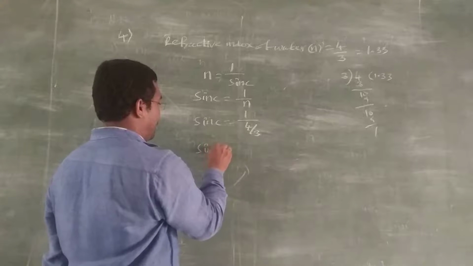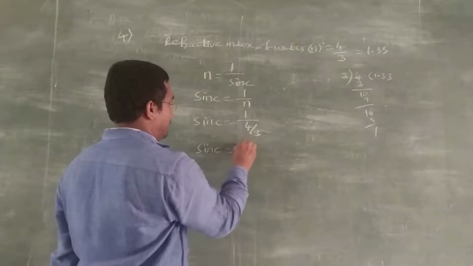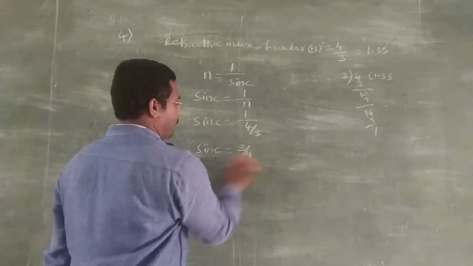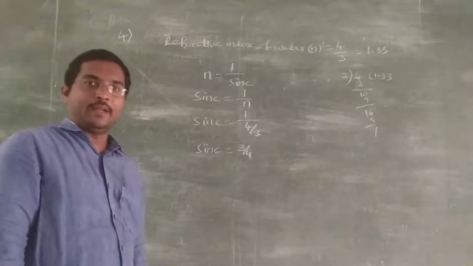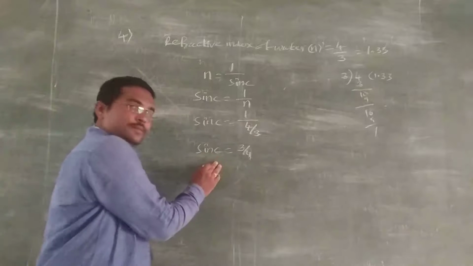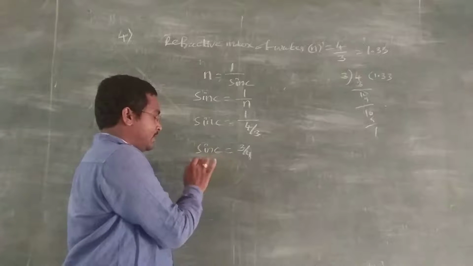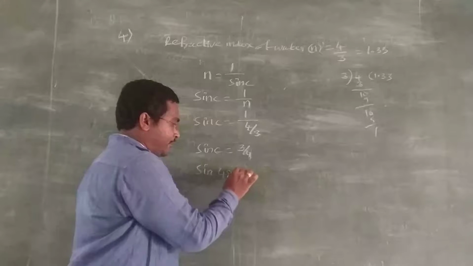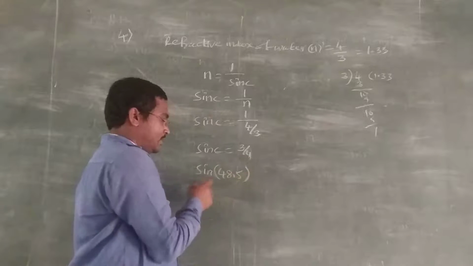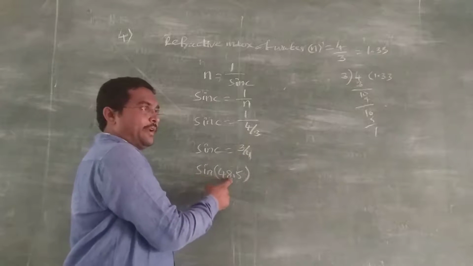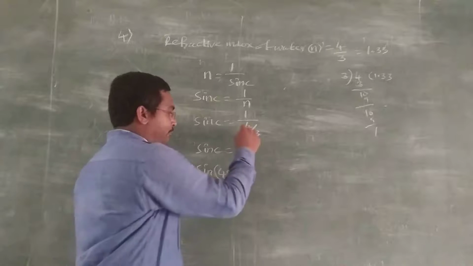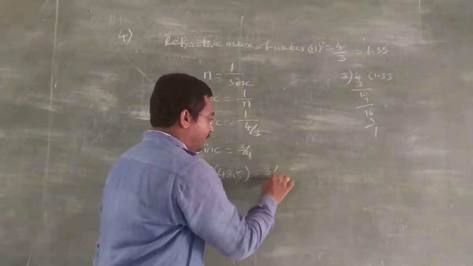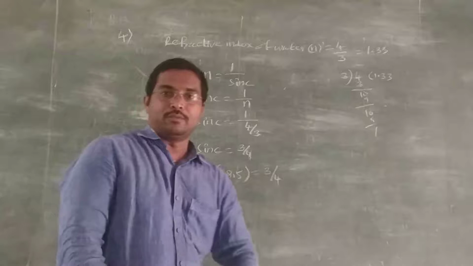So sin c is equal to 3 by 4 here. When sin 48.5, the value came 3 by 4.